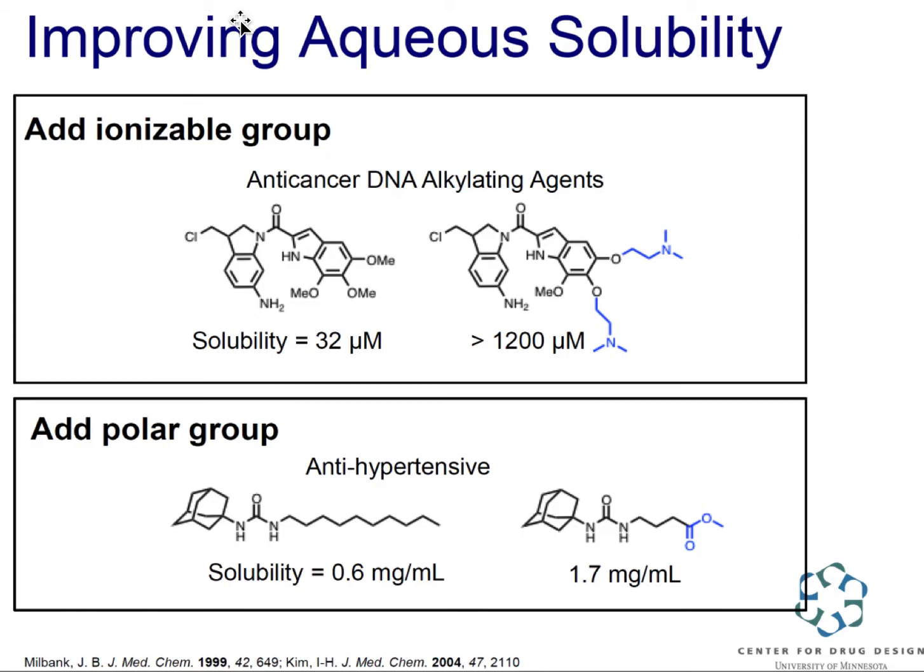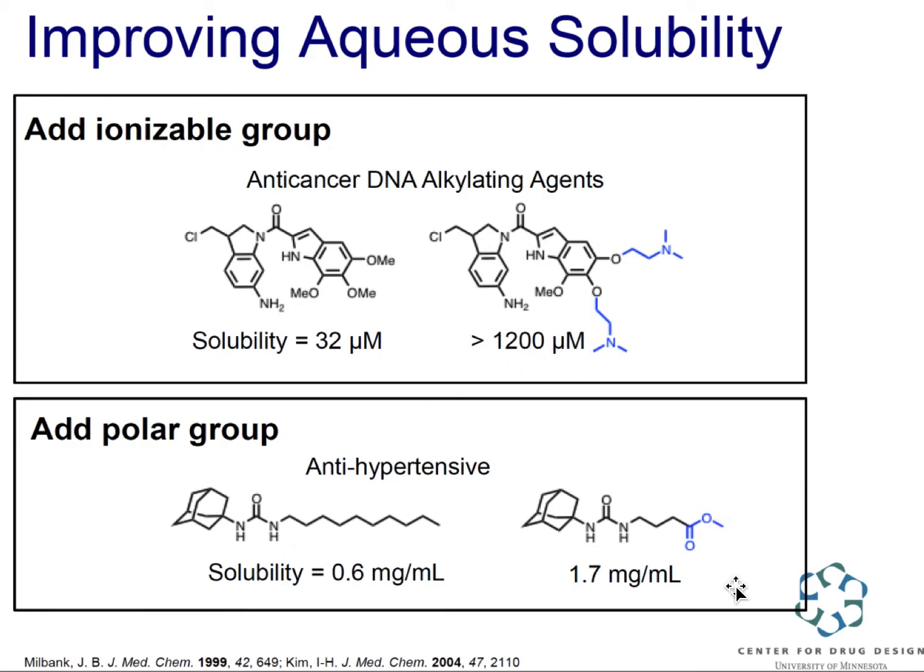So if we want something to be more aqueous soluble, here are some examples of ways that we can do that. We can add ionizable groups. Right, so we went from O-methoxy here, and when we add this dimethylethylamine, we now have a lot higher solubility.